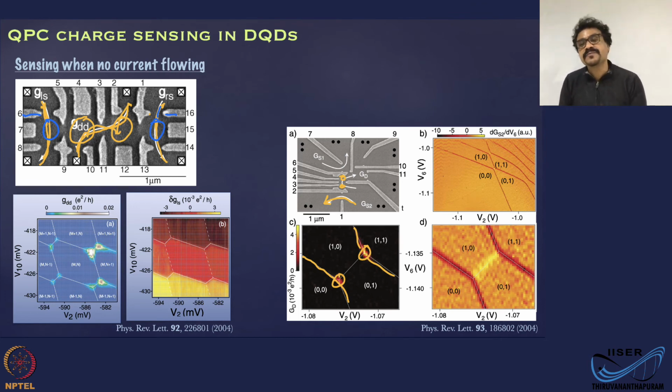Okay, so this charge sensor is sensitive not only to change here, it actually can sense the change in the electron configuration of the upper dot also. Here this lower dot is close to the charge sensor, but you can see this sensor is able to sense the change in charge configuration of any of these dots, both of these dots.